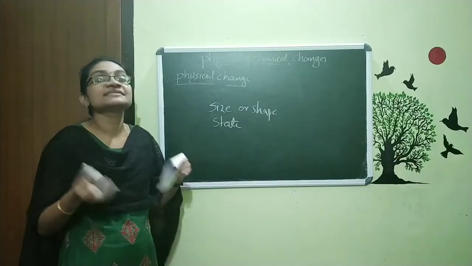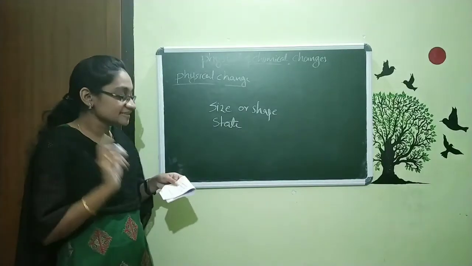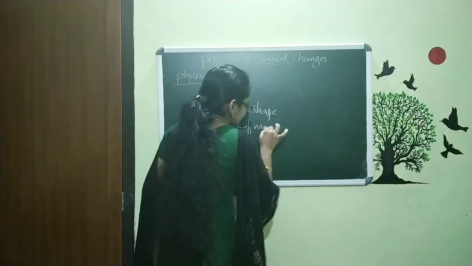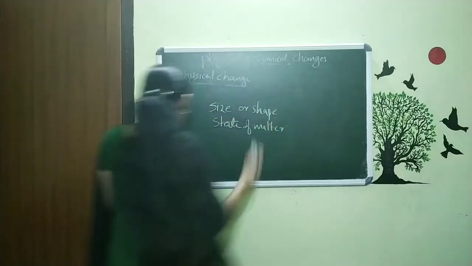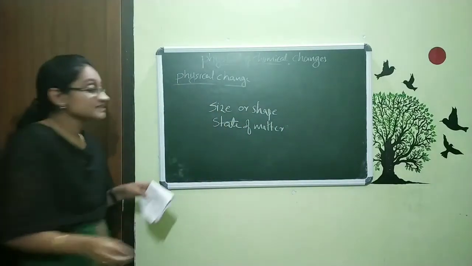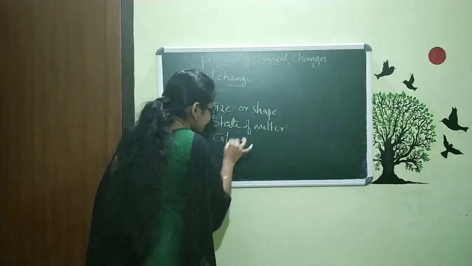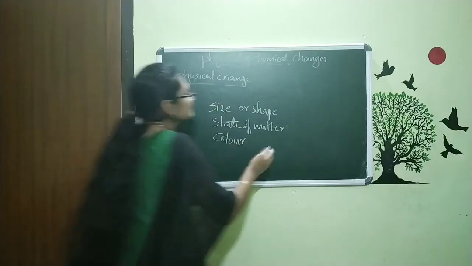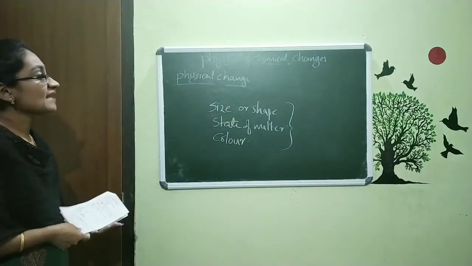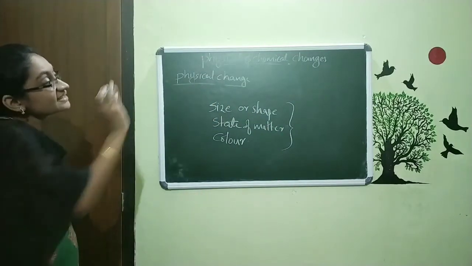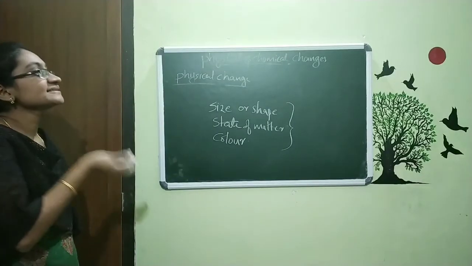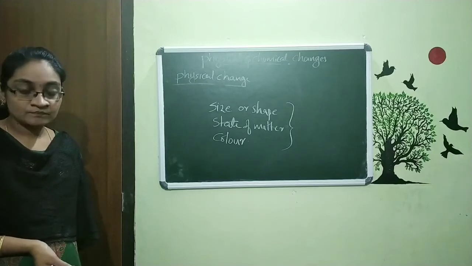Likewise, the state is getting converted. So you can see the change in the state of matter. Then in another example, you observe the change with the color. So these all are some type of properties, and we said that within a physical change there is no change with the properties.